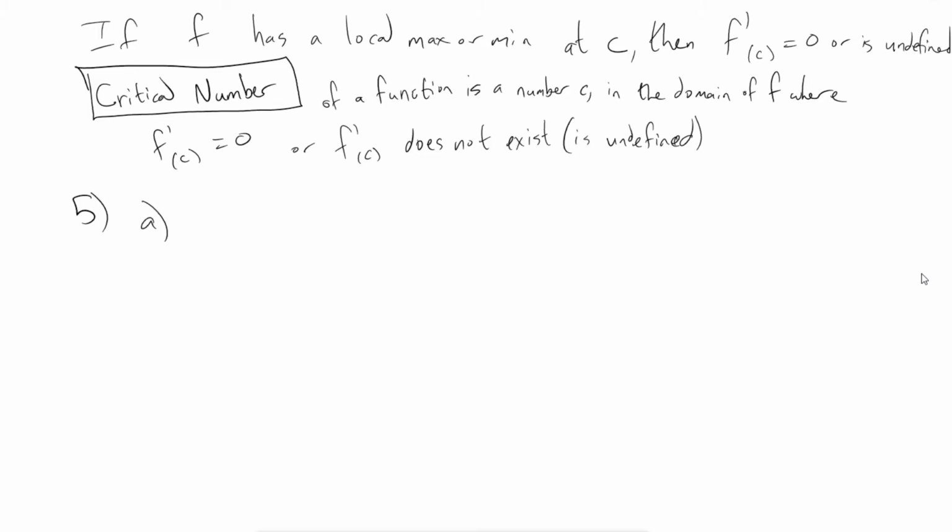So part A has the function f of x is equal to x cubed plus 6x squared plus 9x plus 2. So let's find the derivative. The derivative of that function, the derivative of x cubed, pardon me, is 3x squared plus 12x plus 9, plus the derivative of 2, which is 0.